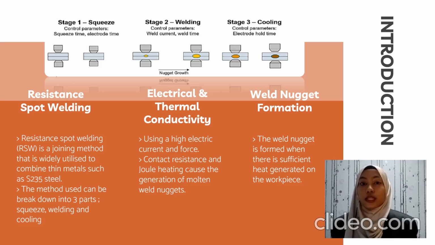When it comes to determining the rate of heat generation and nugget formation, both thermal and electrical contact conductivity are crucial. As a result, as the temperature rises, bulk resistance will rise as well. Hence, when there is sufficient heat generated on the workpiece in resistance spot welding, the creation of the weld nugget will definitely occur.